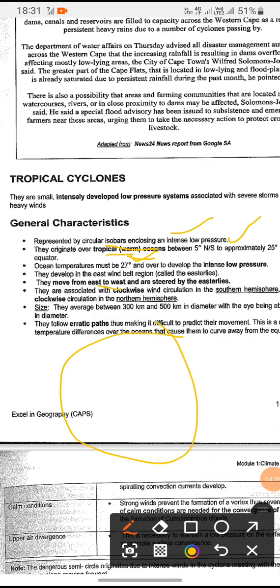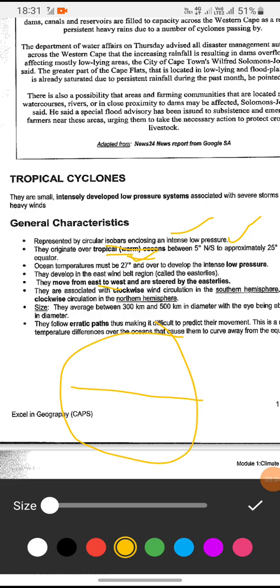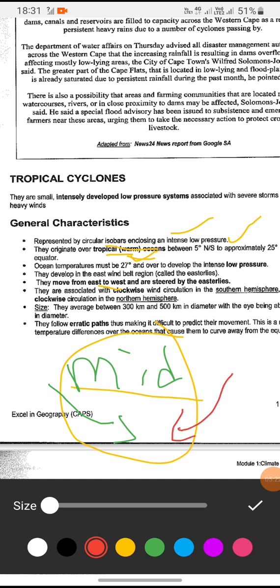Remember, our mid-latitude cyclone moves from west to east. Then our tropical cyclone develops here at the equatorial region and moves from the east to west.